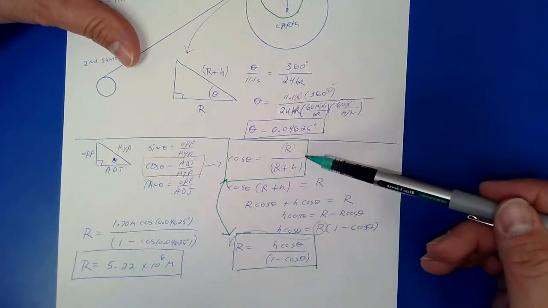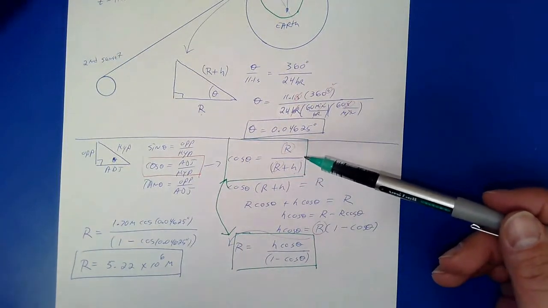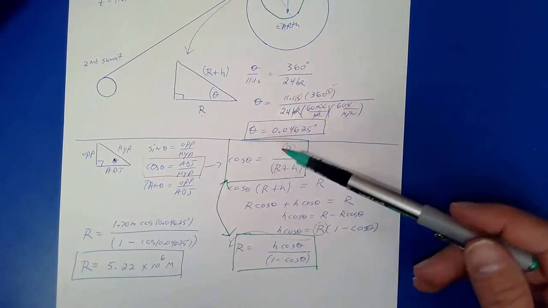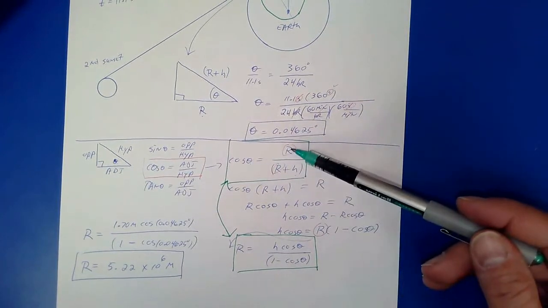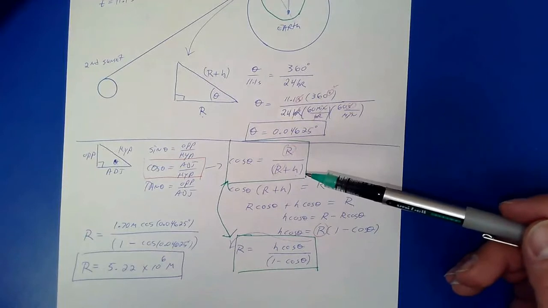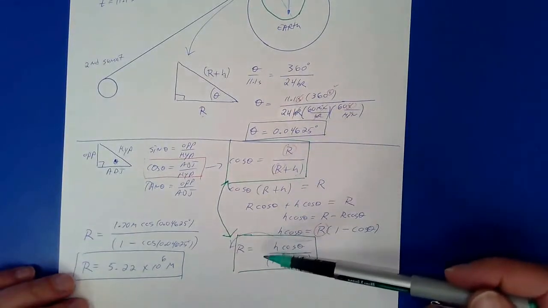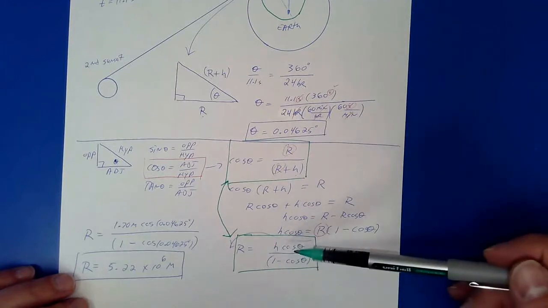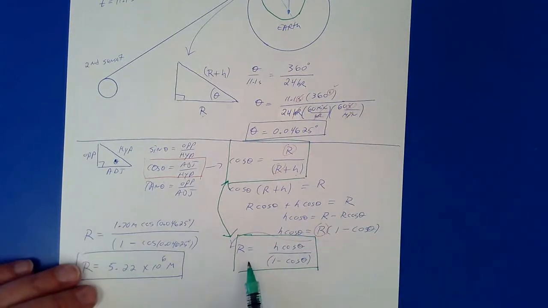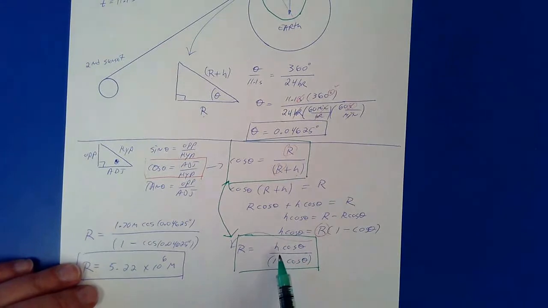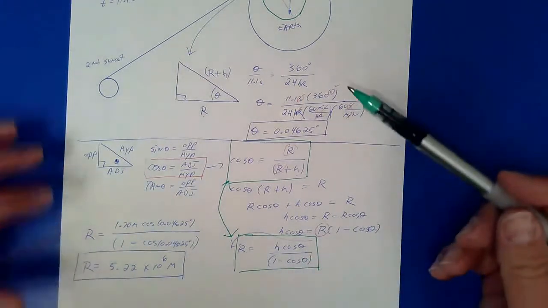I could take this equation and give you the angle and the radius and ask you to solve for height. So it'd be similar to this one solving for r, but you'd be solving for h instead. You could go right from this equation and solve for h. h would be equal to r times 1 minus cosine theta divided by cosine theta.